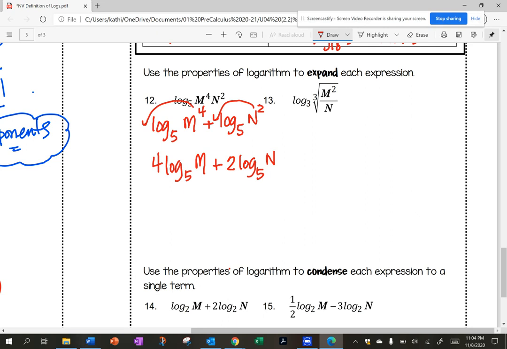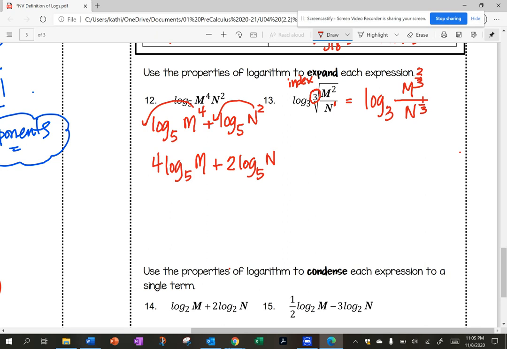So let's expand out one where I'm dividing. These are easier if you rewrite them in fractional form. So this is log base 3, and this is the index, and this is the power. So the index goes in the denominator. So this is m to the 2/3 power and n to the 1/3 power.